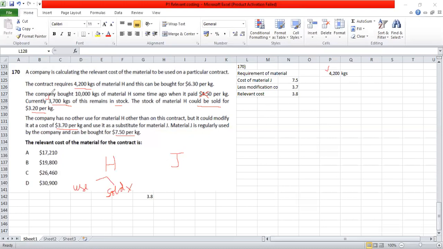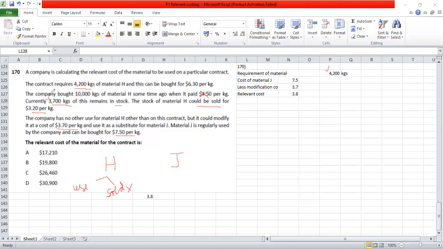Right now, they will not be looking at considering the historical cost. So the present value, the present details are about purchasing the material at what price.